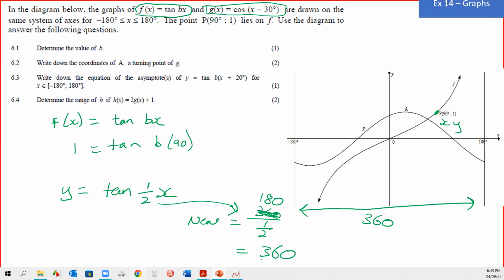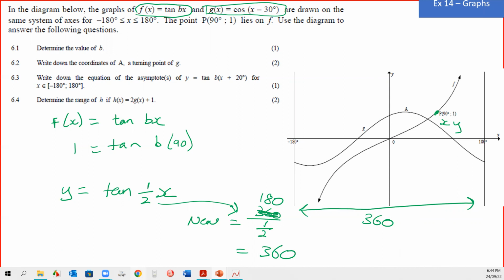Okay. Let me see if there's any comments coming through on that one. No comments at this stage.